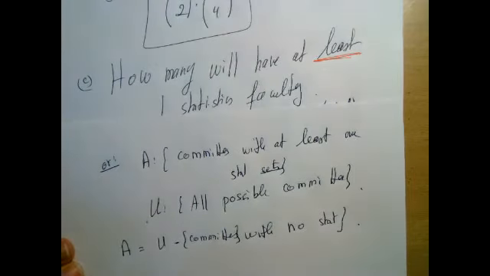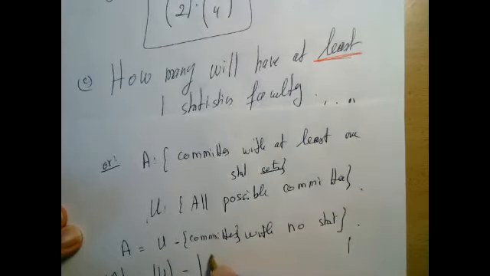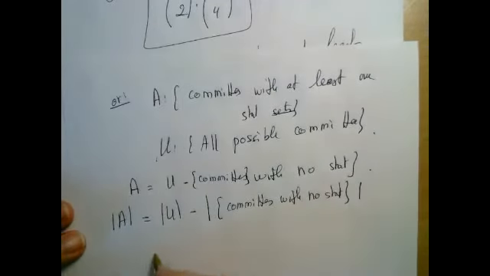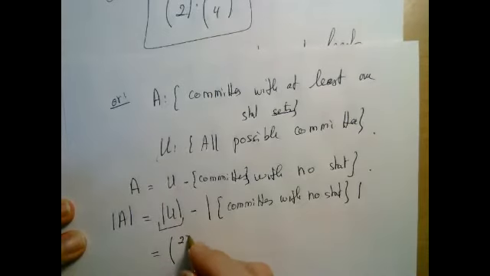Okay, so now what's going to be the cardinality? The number of elements is the universe minus all those with no stat. Because if you remove those with no stat, you're left with those who have at least one stat. So now, the total number of committees, we know that it's 31 choose 6.